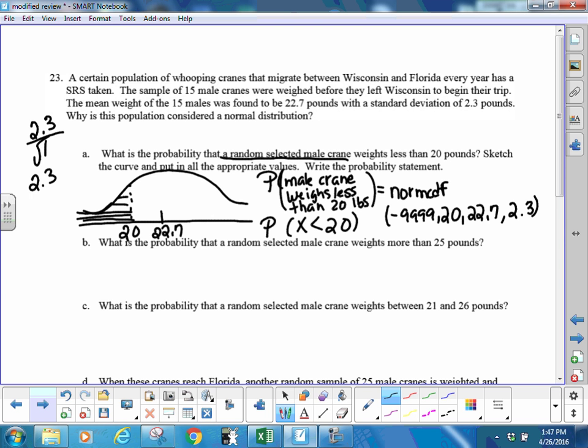And you always do normal CDF when you have boundaries and you want area, which is another way of saying probability. So I had boundaries, that let me know that I'll need to open up normal CDF. If you get confused and open up inverse normal, you'll see that your information doesn't fit what the calculator is asking you for. Let's see, what did I get for this one? I got 12/100, 12%.